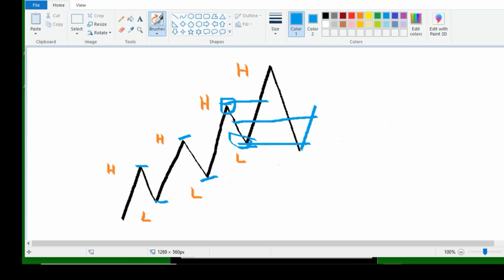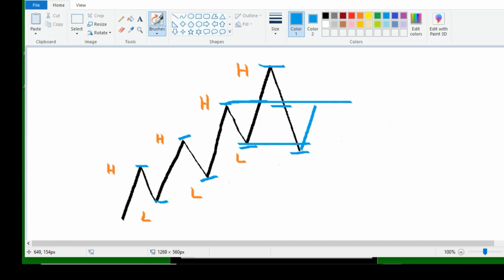But what I'm also looking for is support and resistance. I'm looking for a 50% somewhere within this high and this low. You can just mark it somewhere in the middle, or you can take out your Fibonacci tool and mark your 50% area.